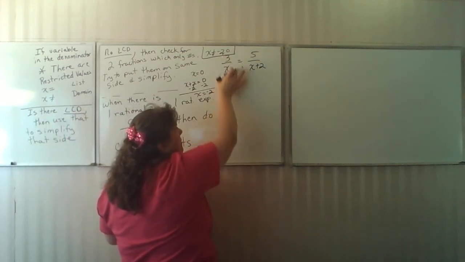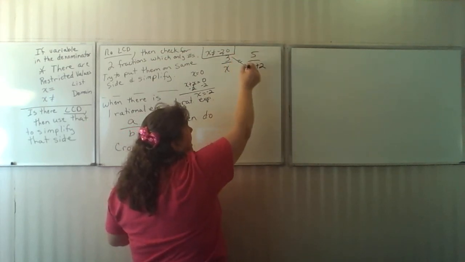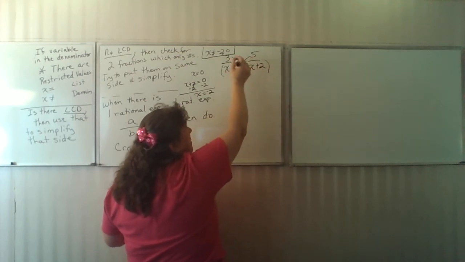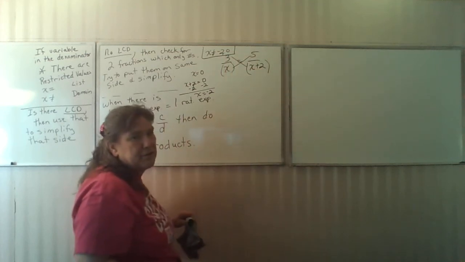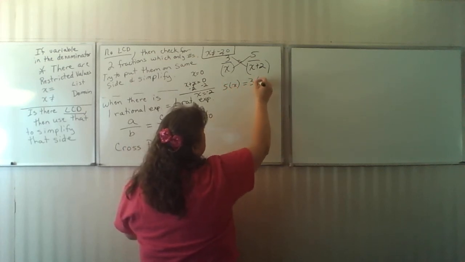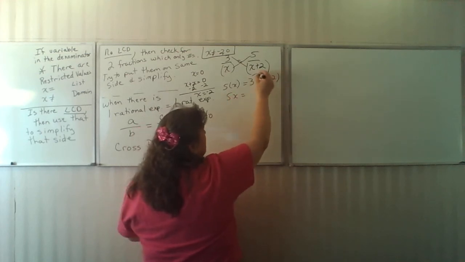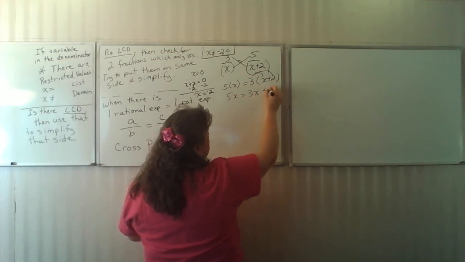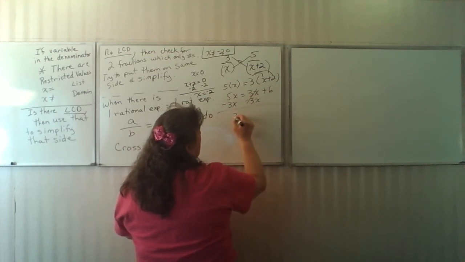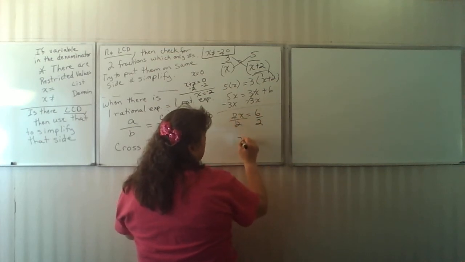Now, since I have one rational expression here, one rational expression here with an equal in between, I can now apply my cross products. But remember, whatever is on top or bottom has to multiply everything on the other side of it. So this will be 5 times x is equal to 3 times x plus 2. Now simply use your equation solving skills that you've been learning. 3x plus 6, subtract my 3x from both sides, and I end up with 2x is equal to 6, divide by 2, and x is equal to 3.